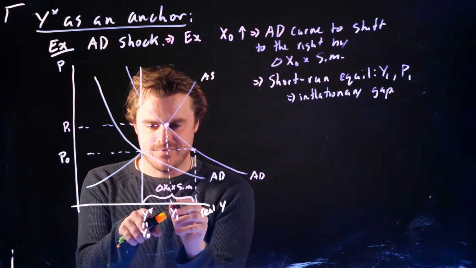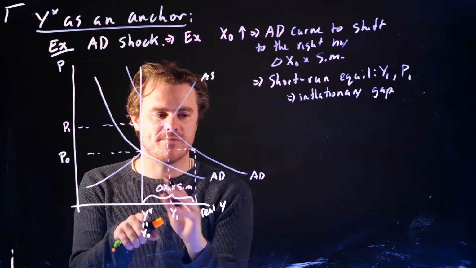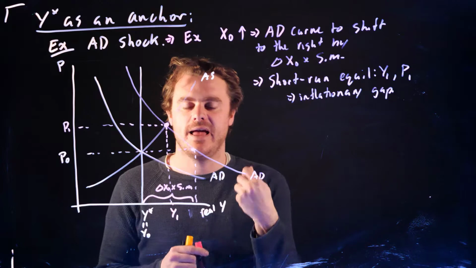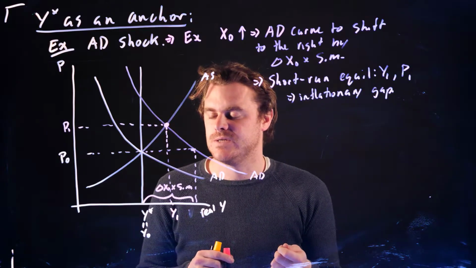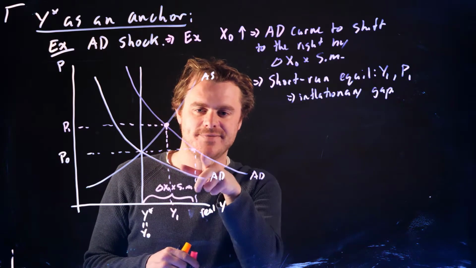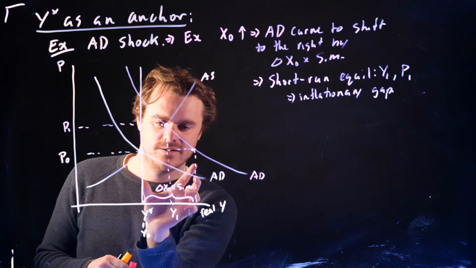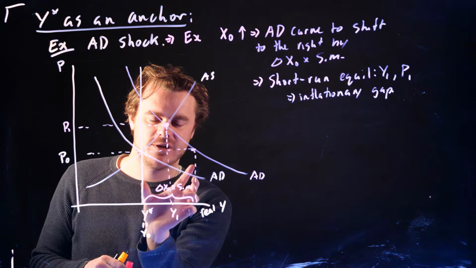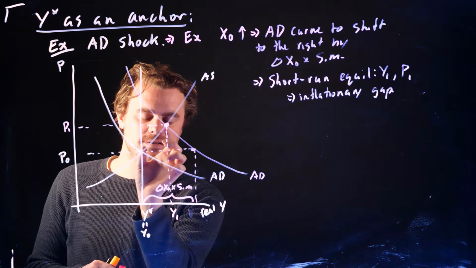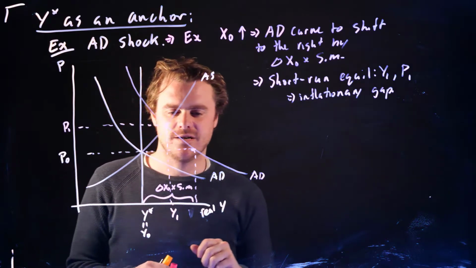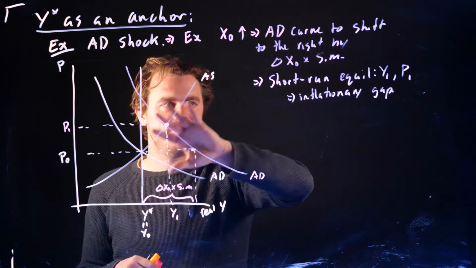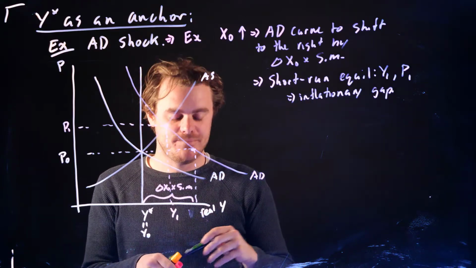Here's this inflationary gap that's formed from this positive or expansionary aggregate demand shock. So we start off here, the shock happens, it shifts out this curve by the change in X0 times the simple multiplier. And then we see we have this inflationary gap.